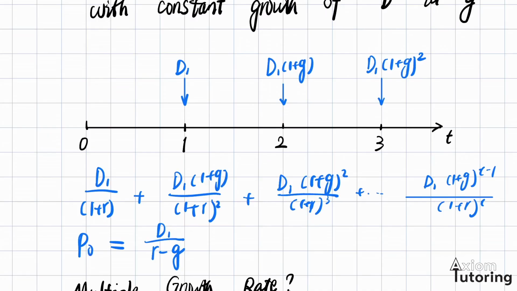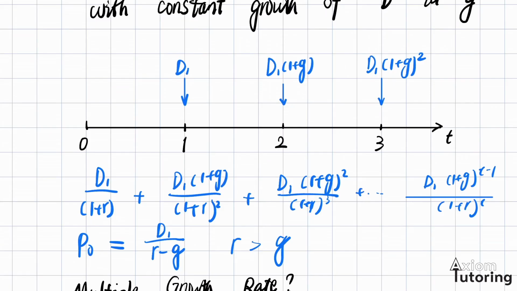As you can see, for us to use this equation, there are certain assumptions to be met. First, the constant return on equity and the constant growth, and to add onto that, we still need one more condition. That is, R needs to be greater than G. So the discount rate must be greater than the growth rate, which we have seen before during the session on the perpetuity with growth.